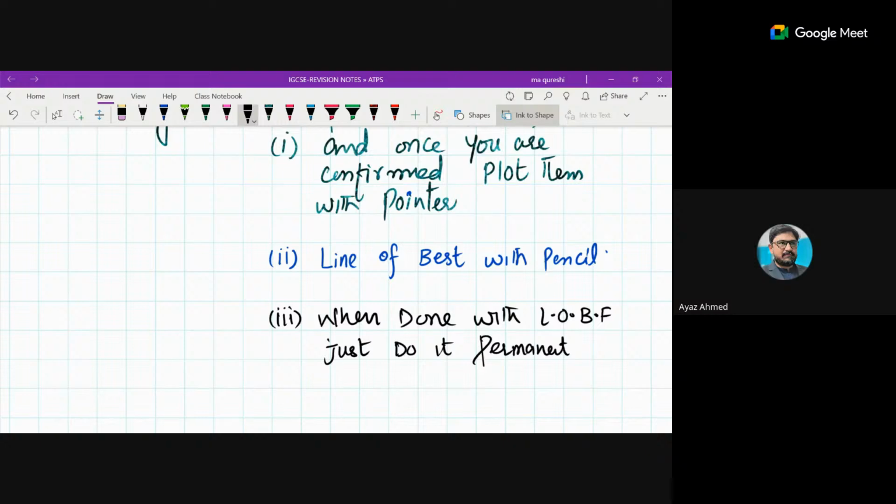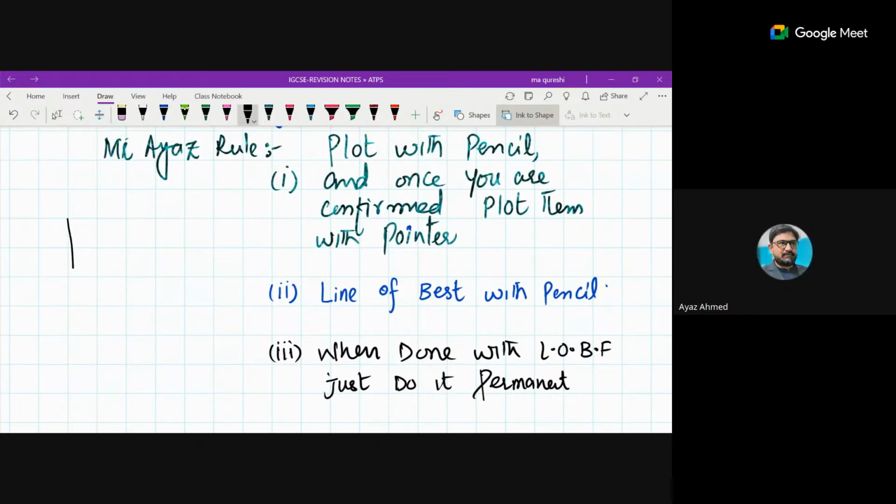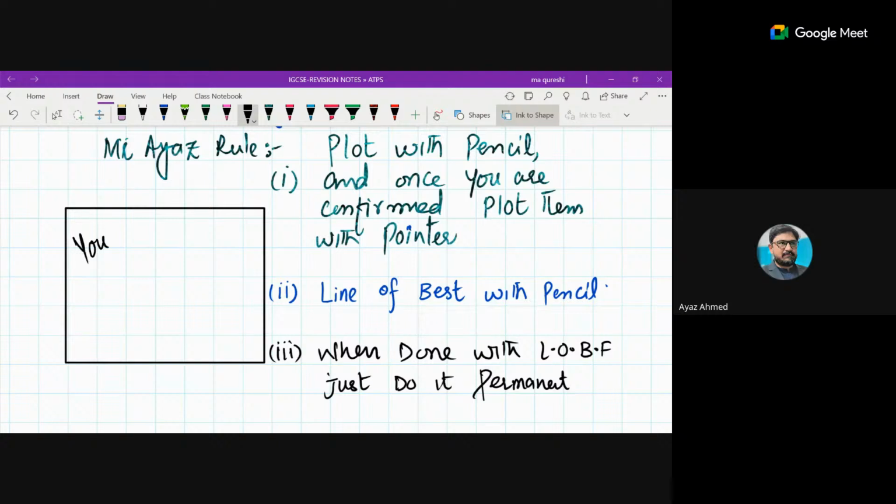ठीक है। This is one most important thing जो मैं अभी लिखने जा रहा हूं, your paper is scanned.